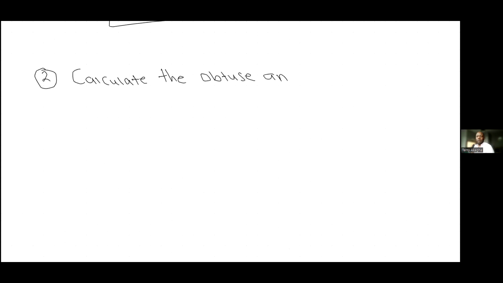So number 2, we're told to calculate the obtuse angle of X. Okay, so we had this, and we had this.